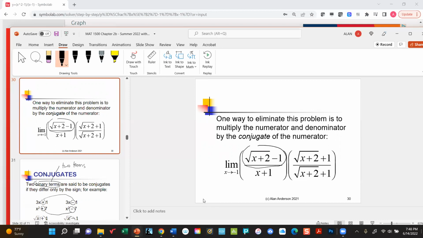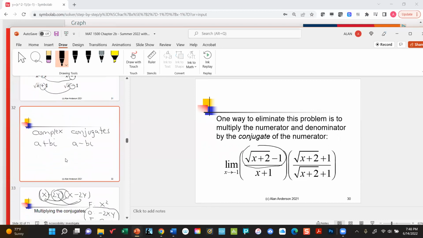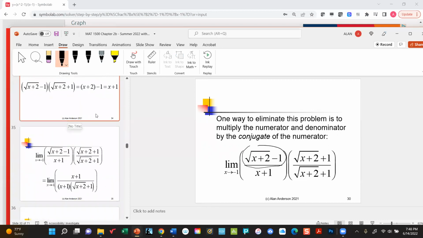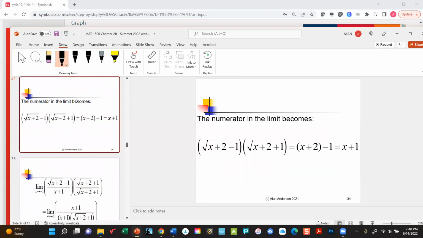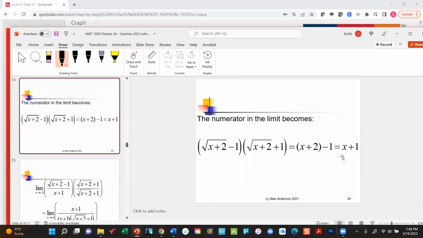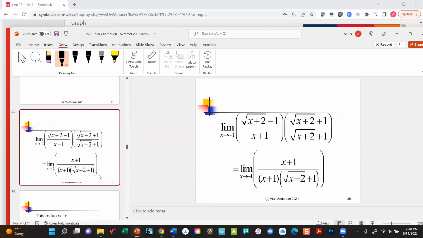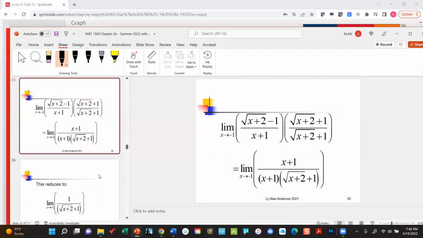All right, so let's see what that turns out to be. So the numerators, if you multiply those across, as you saw earlier, you'll get x plus 1. Now, in the denominator, we have a bit of a mess here. We're going to have to multiply these out and see what we get.